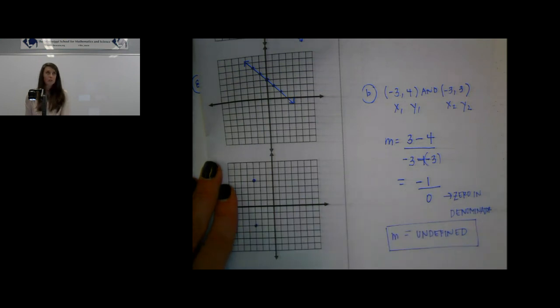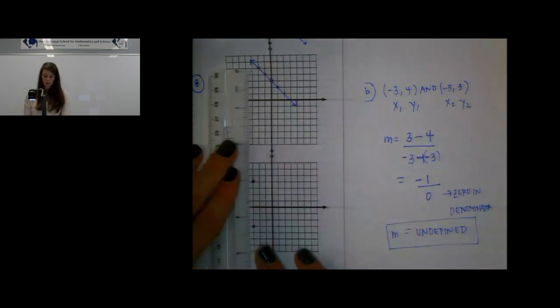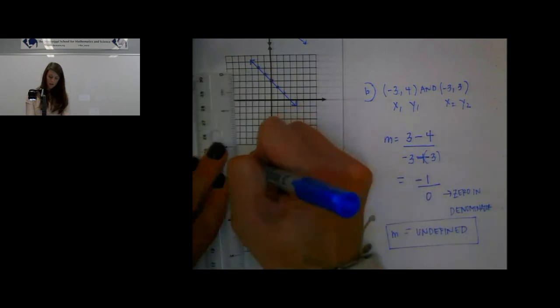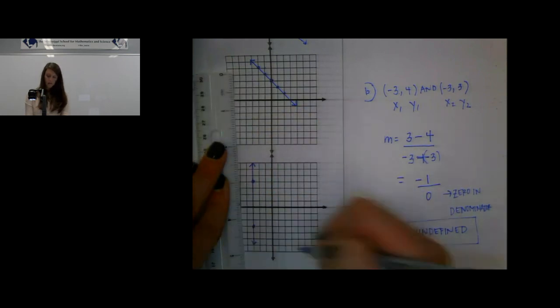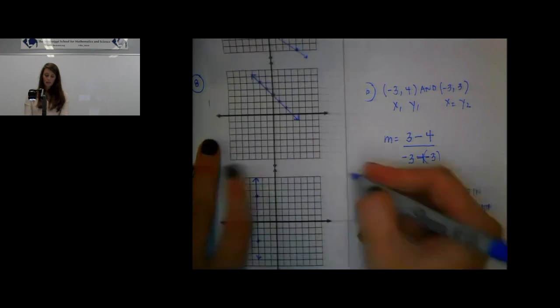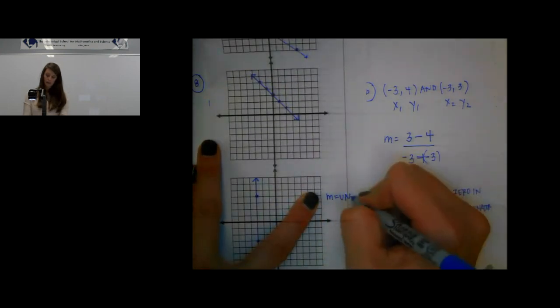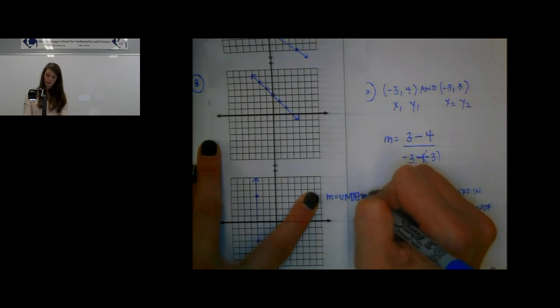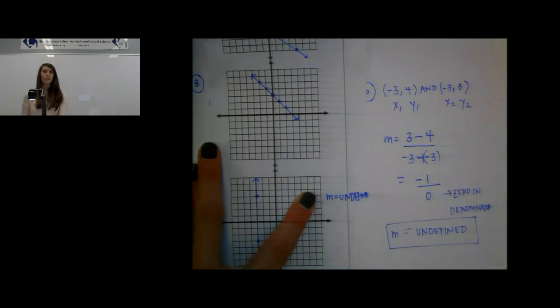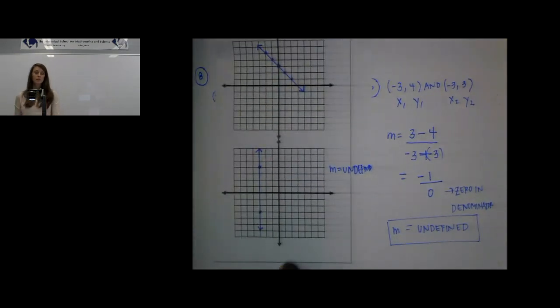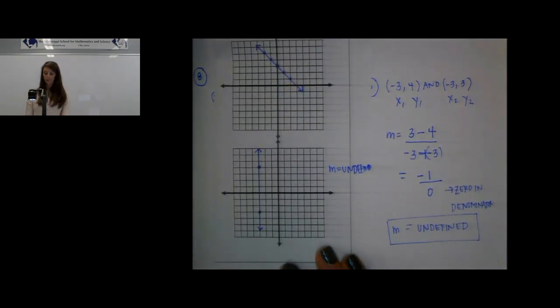So if I was to connect the dots, what's happening here? This line here is a vertical line. So a vertical line, no matter what, is going to have a slope that is undefined. I can't fit it all right there. Undefined there. Okay, up and down. Left and right, though, the slope is 0.